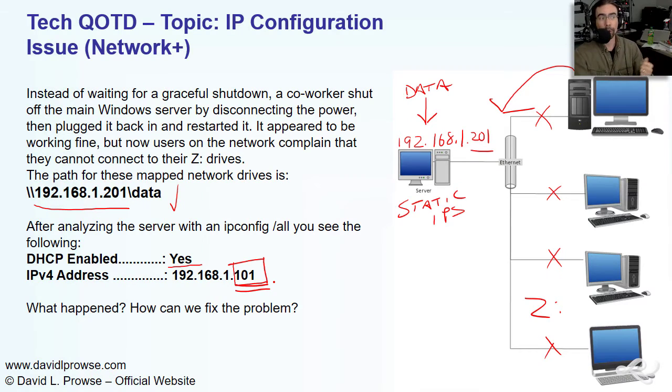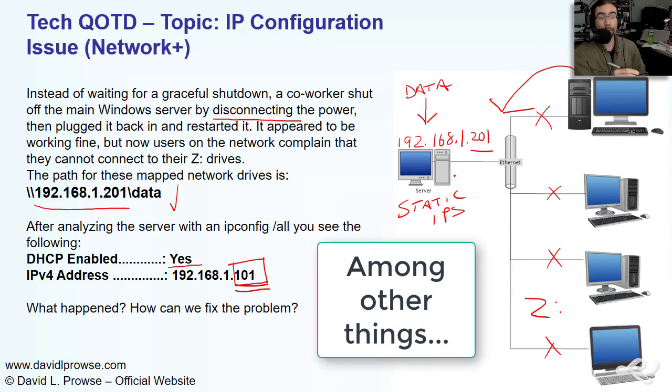I've seen this before when a person disconnects the power and actually pulls the plug, or turns off the APC and pulls the plug that the server's connected to, the UPS, however they disconnect the power. What happens is you can get a spike either when pulling the power or when plugging it back in. And either way, it could wipe the configuration of the network adapter.